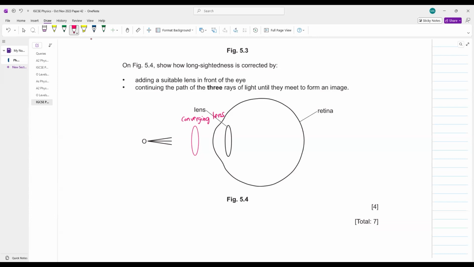Continuing the path of three rays of light until they meet to form an image. Okay, so let's draw them very, very slow. No need to rush. Like this. Once they hit the converging lens, they start to converge a bit. Again, they will start converging further.